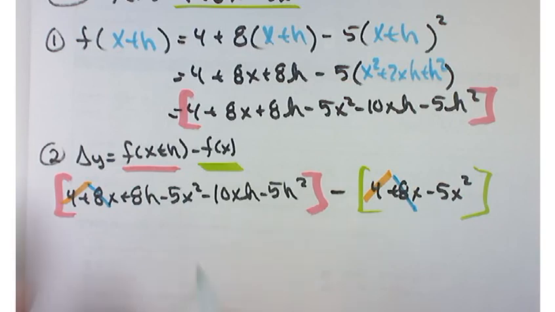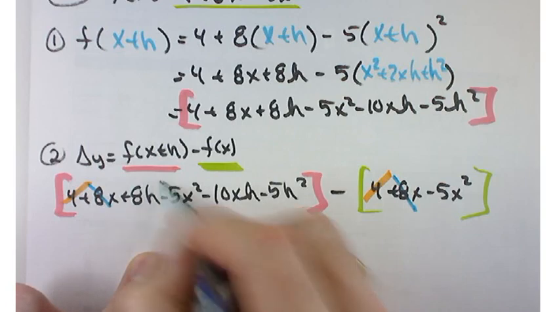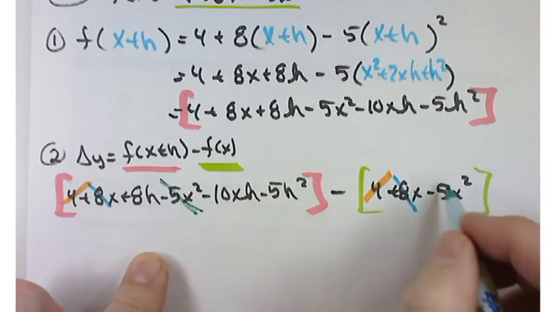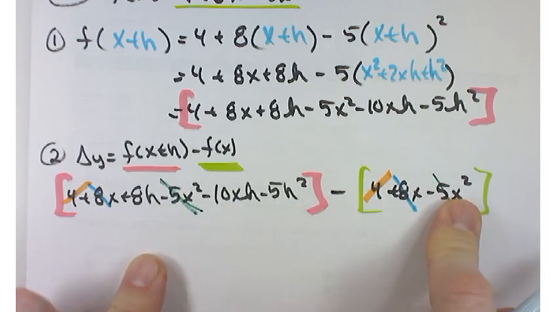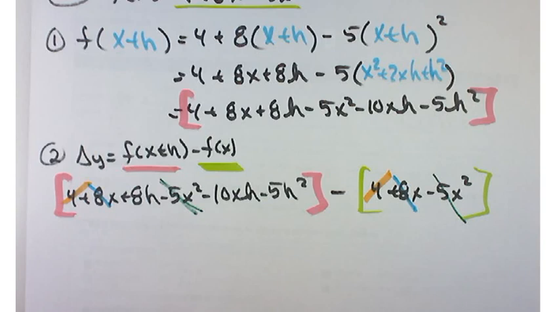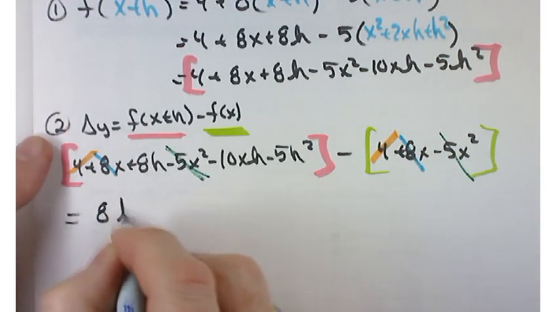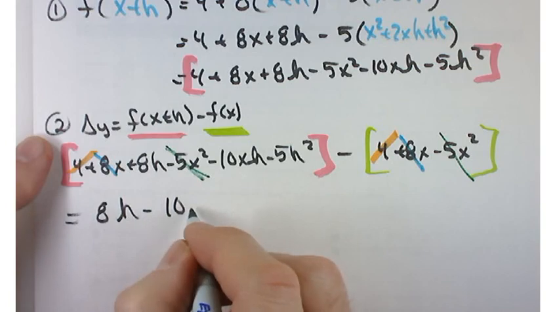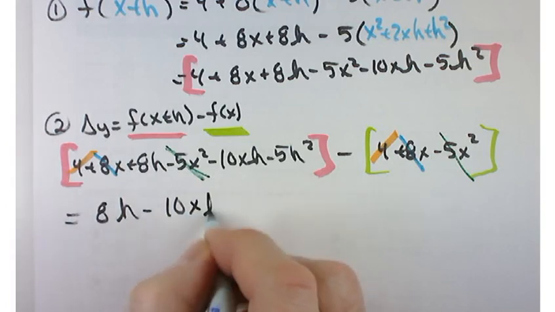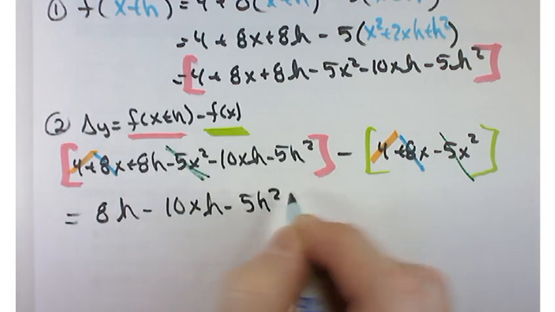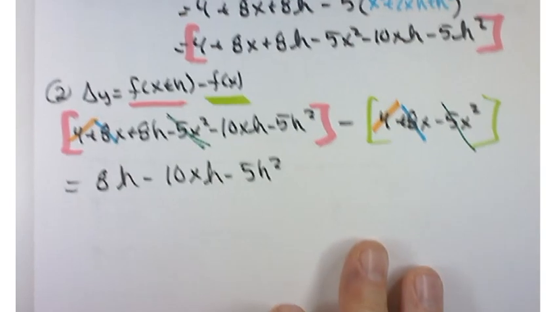Minus 5x squared and then the plus 5x squared, that cancels. Wow. That was the mother of all cancellations. What's left? 8h minus 10xh minus 5h squared. So that's my delta y.